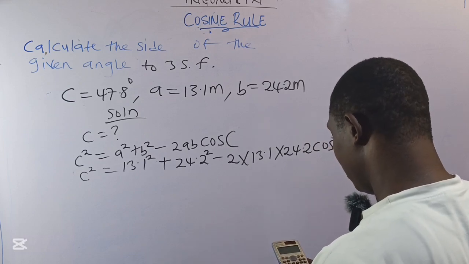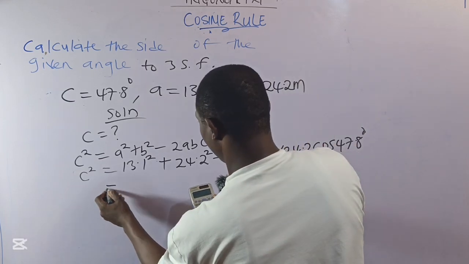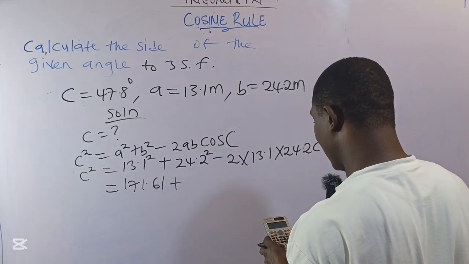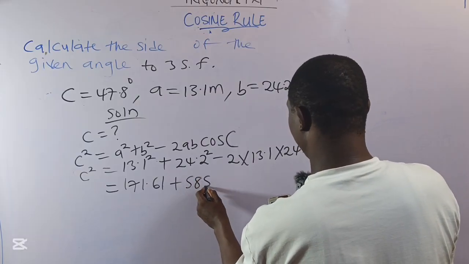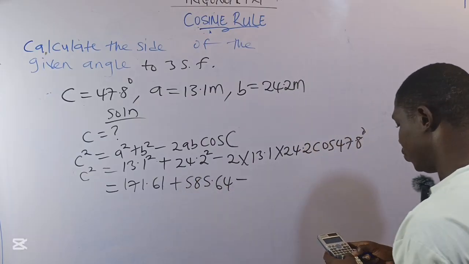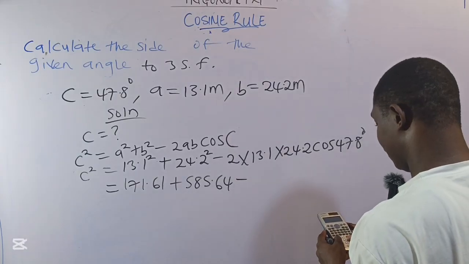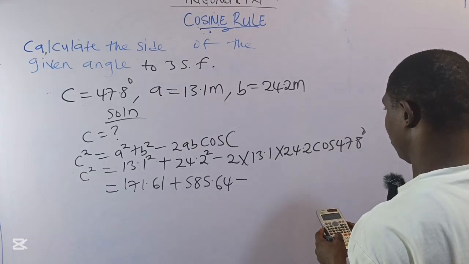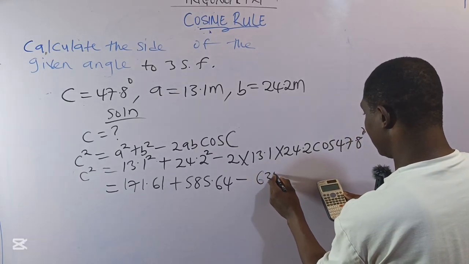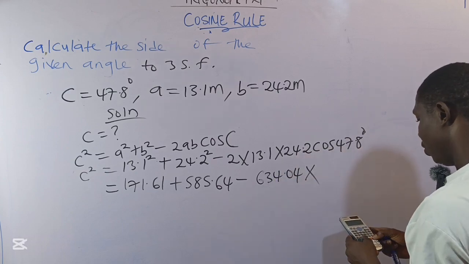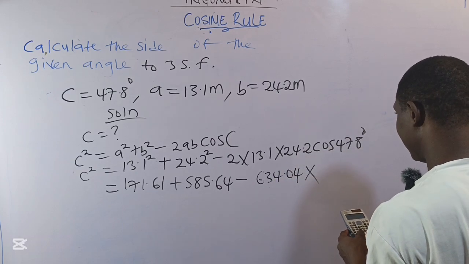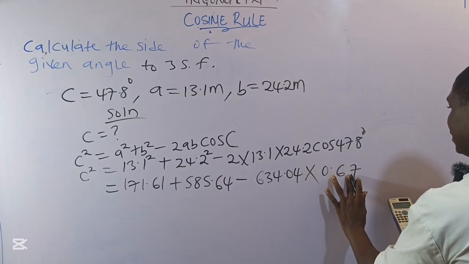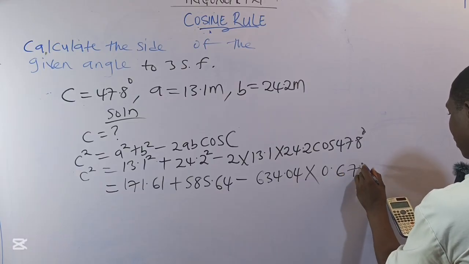I have 13.1 squared, which gives me 171.61, plus 24.2 squared, which gives me 585.64, minus 2 times 13.1 times 24.2, which gives me 634.04, times cos 47.8, giving me 0.6717.